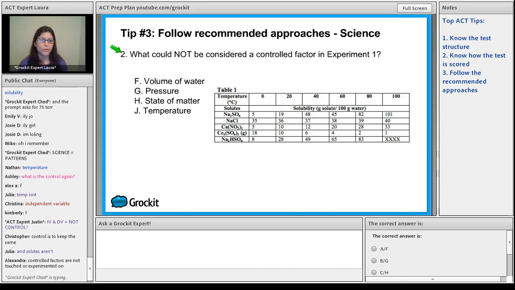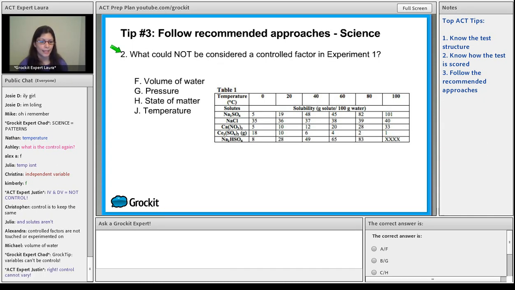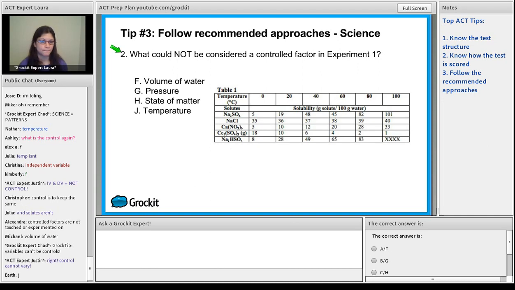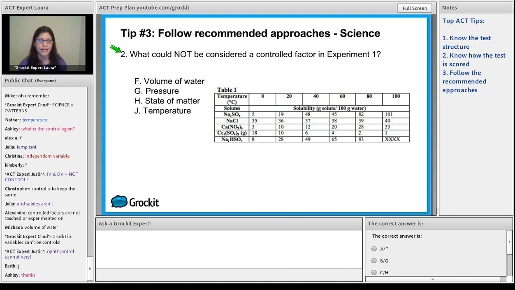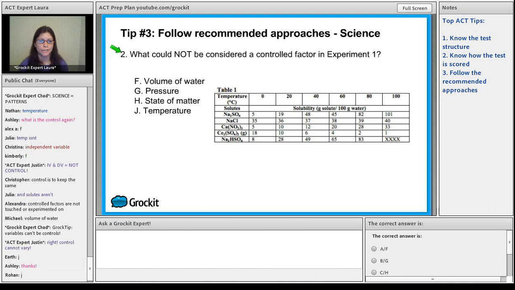It's not being controlled if they're actually manipulating it. They're doing a terrible job controlling it if they're changing it. The control cannot vary.